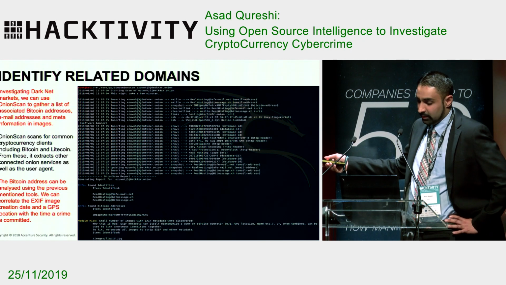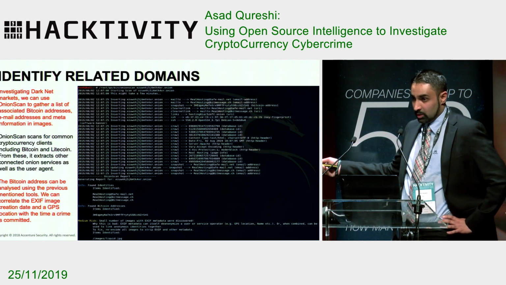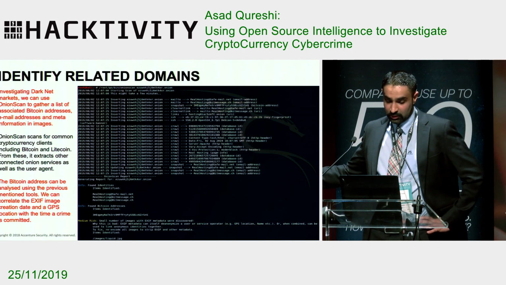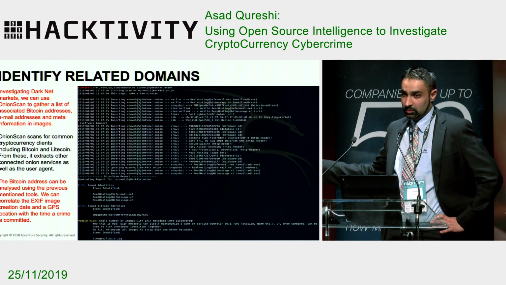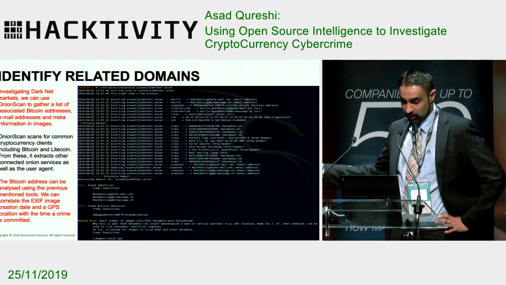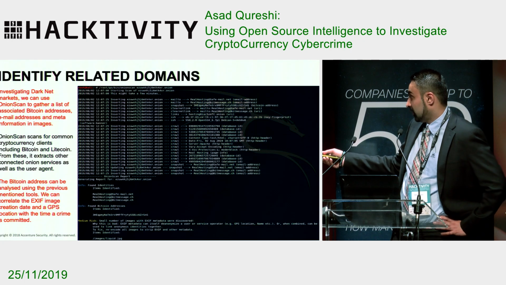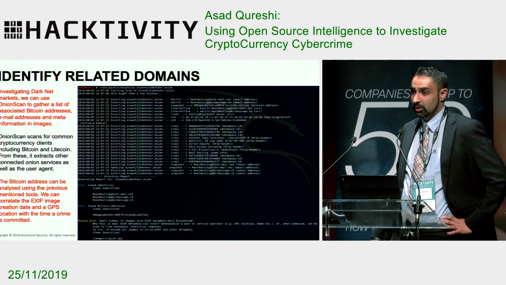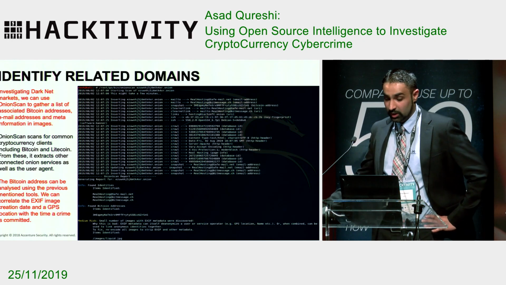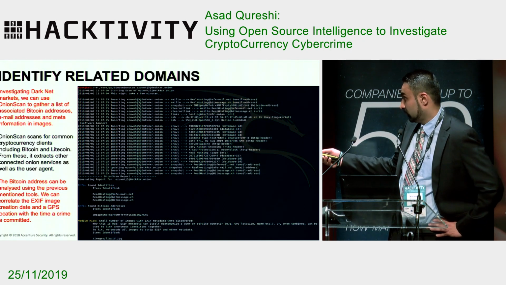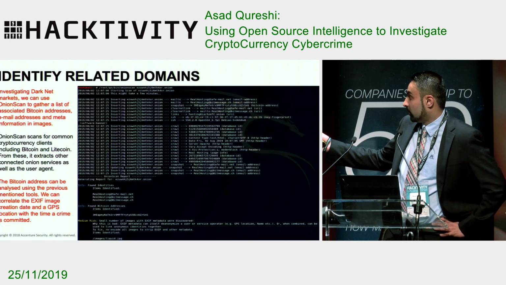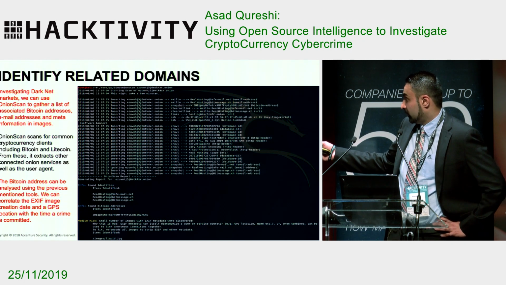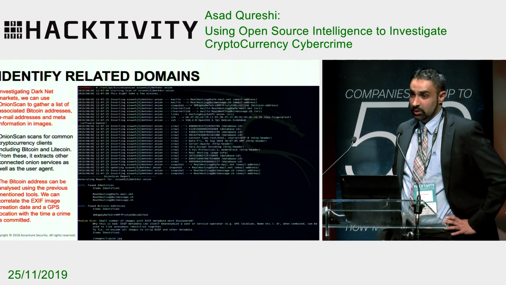So many times scammers on darknet, they forget to remove the EXIF information in the image. The EXIF information in the image can contain the GPS location, which is bad for the attacker.